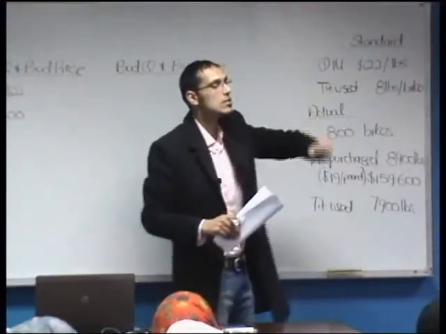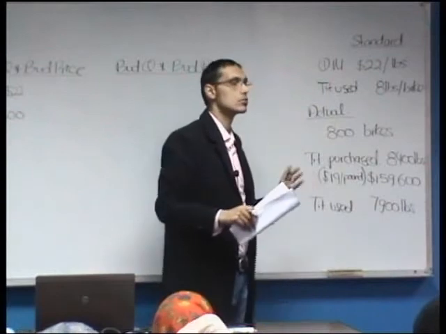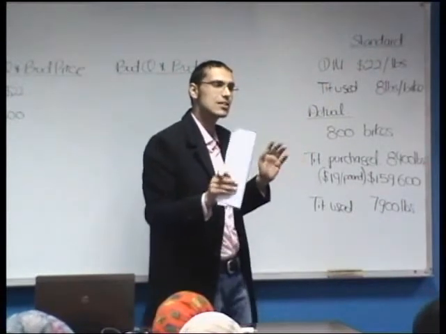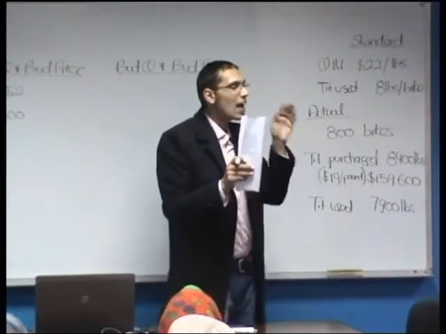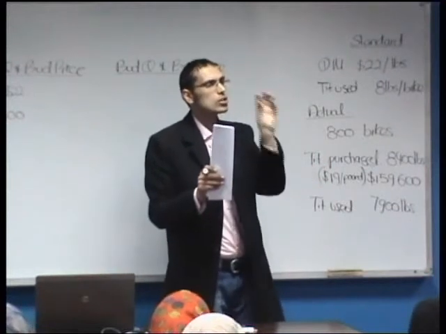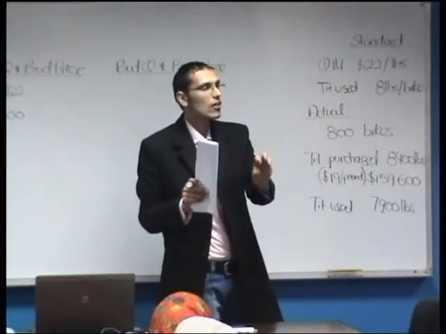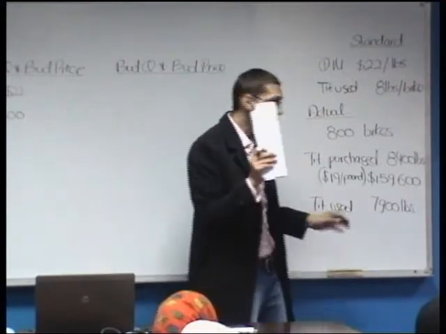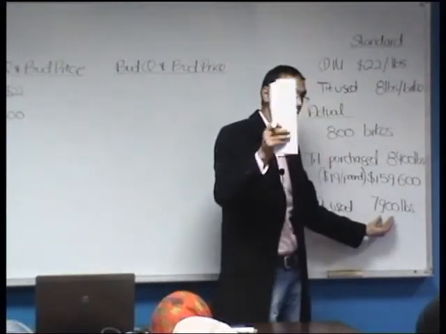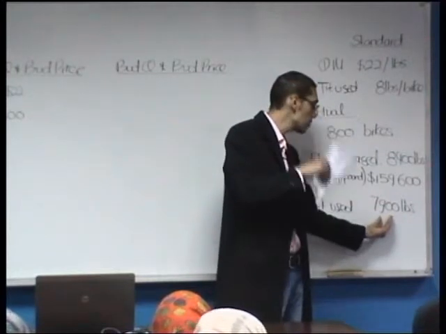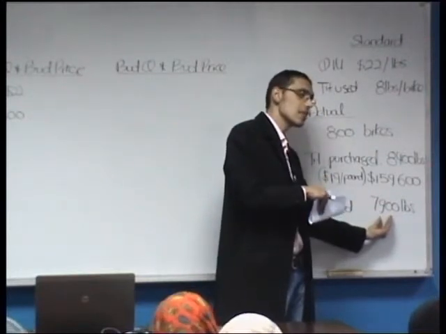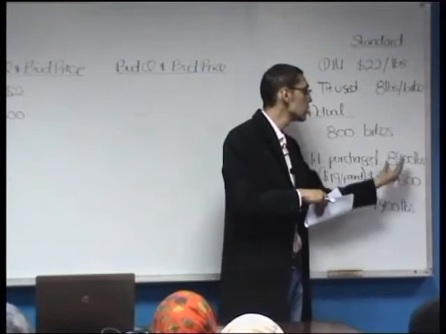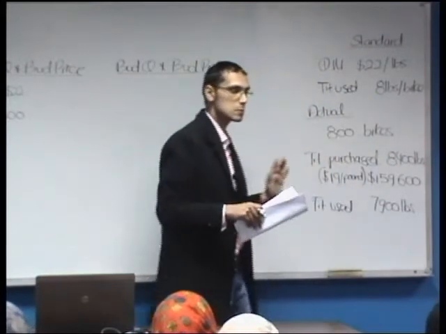I'm going to use the 7,900 pounds, because the efficiency variance is concerned with the efficiency of our use for the direct materials within our manufacturing process. Therefore, we are going to consider, or we are going to have a perspective from the 7,900 pounds, not the 8,400.